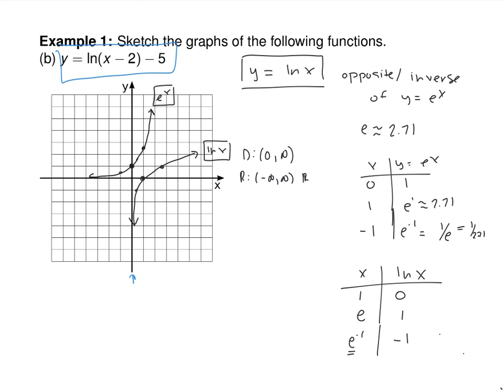This vertical asymptote will also shift, so I'm going to shift that right 2 and just sketch it in. Over 1, 2, then 1, 2, 3, 4, 5. That function goes through some other points exactly, but this is the important point it goes through exactly.